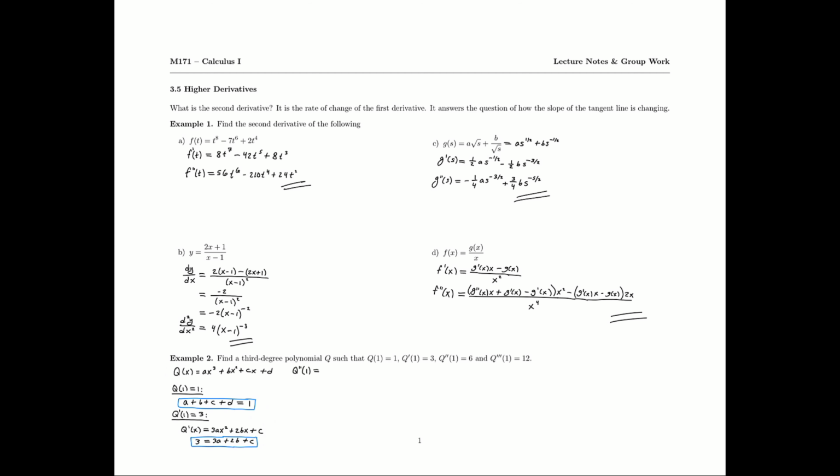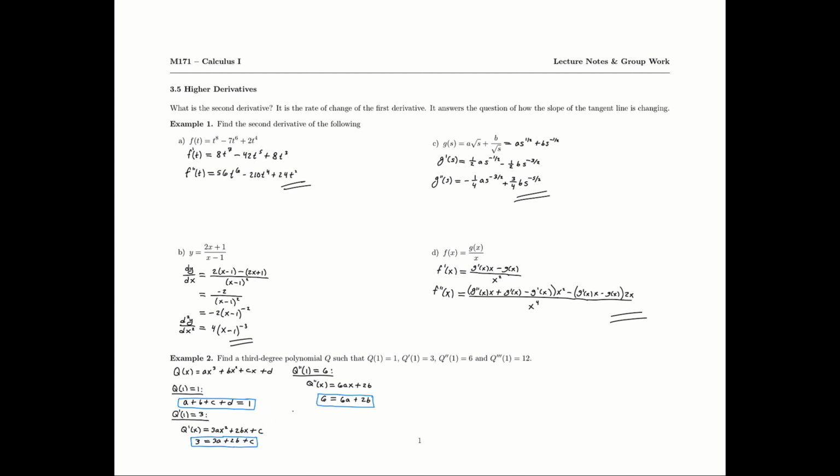That equals 6. So again, let's first find our second derivative, which should be 6ax plus 2b. And then if we're plugging in 1 into this expression, we should have 6a plus 2b, and that equals 6. We'll box that to come back to it in a moment.